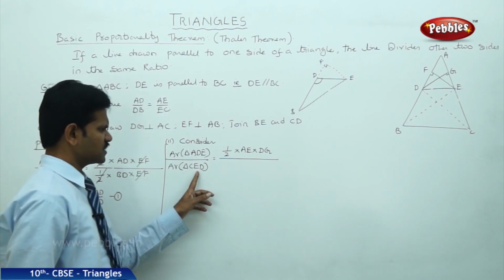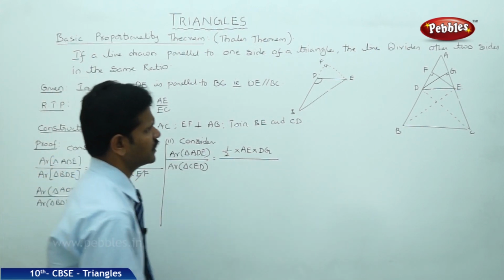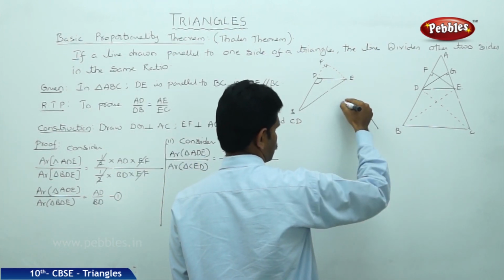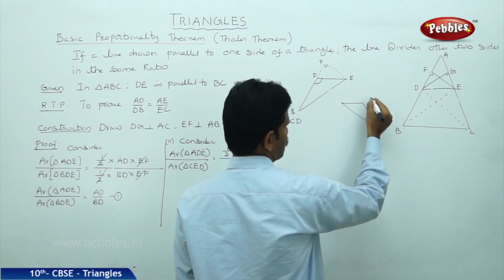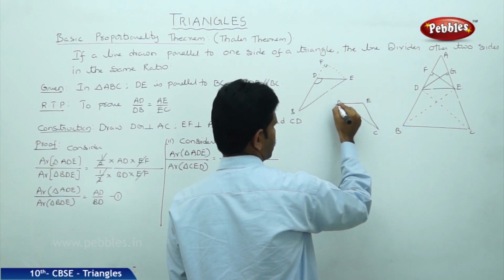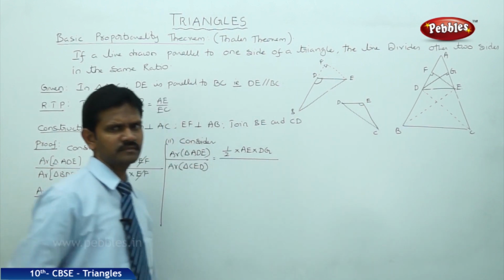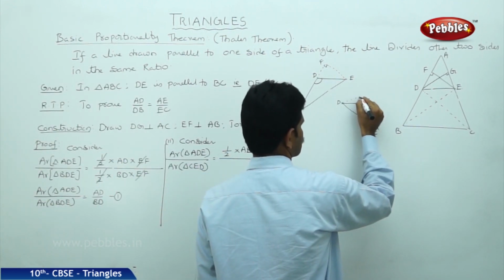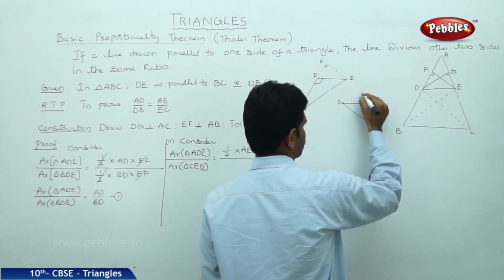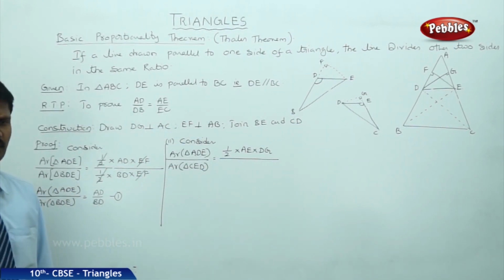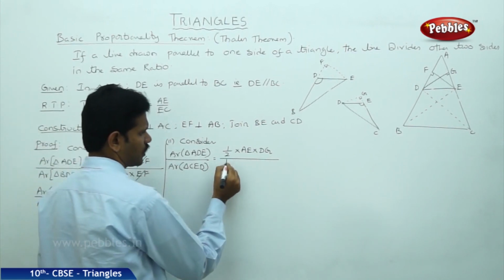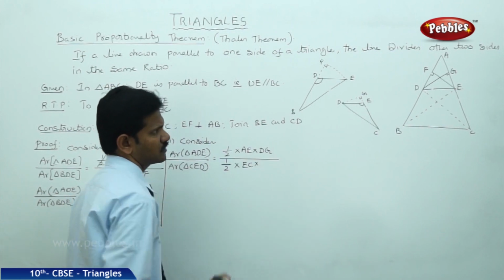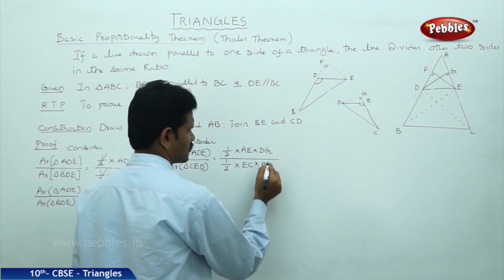Now let us consider CED, which is again an obtuse angle. For an obtuse angle the altitude lies outside, which is G, that is half into base EC into height is DG.